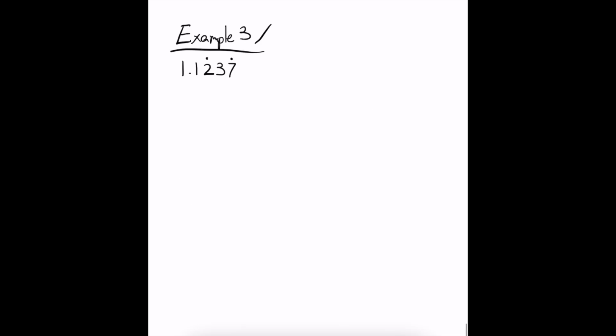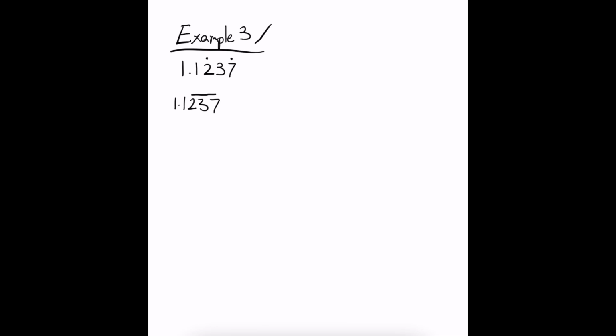So this is our last example, and it wants us to convert 1.1237 recurring into a fraction. As we recall from our second example, we have 1.1237. Now the dots are on top of the 2 and the 7, which means we can write a bar that connects the 2 and the 7.